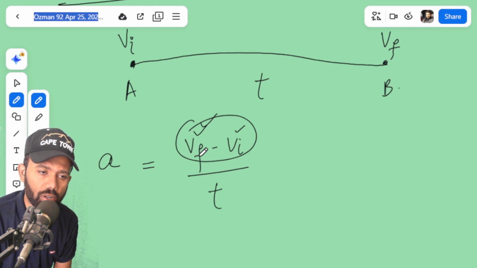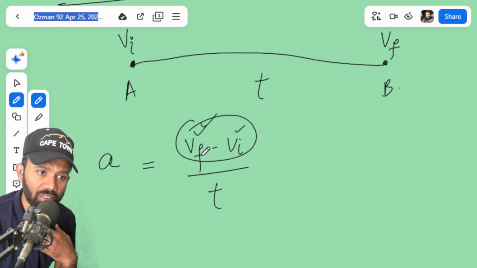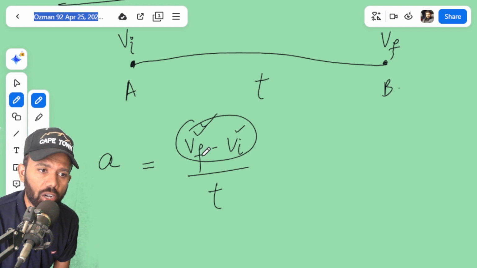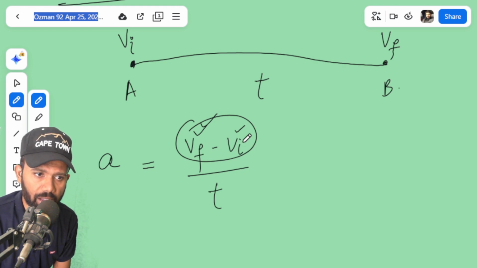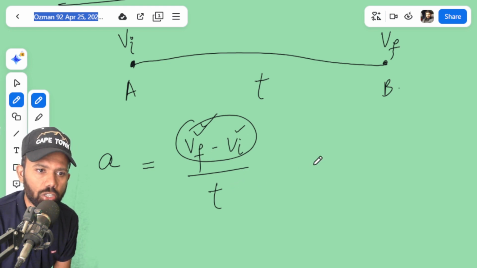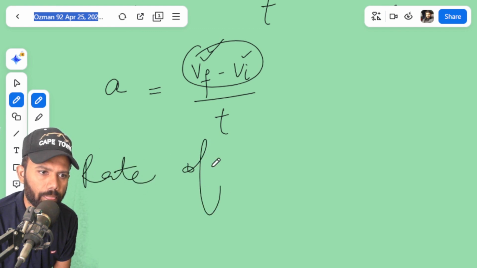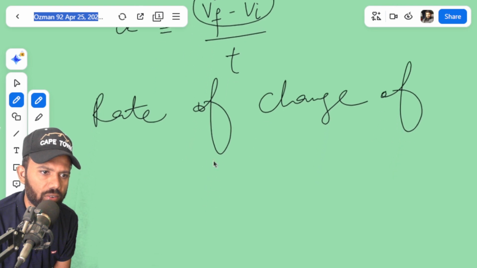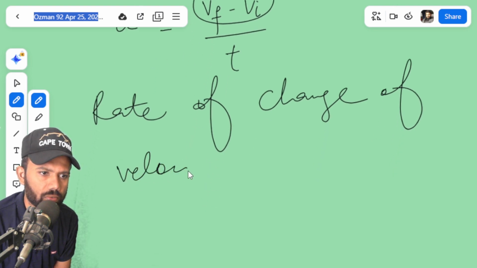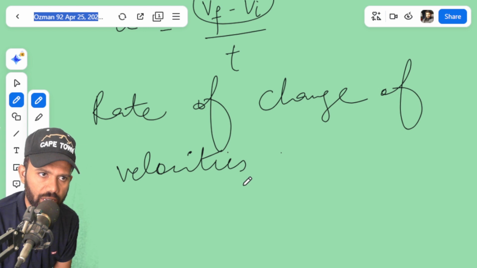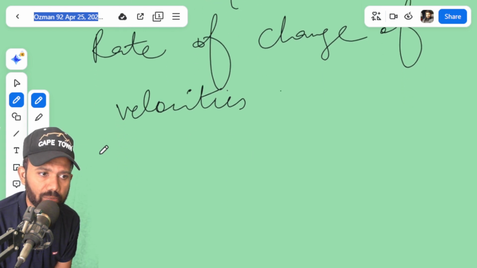Because we're finding the difference of velocities, that is Vf minus Vi over t. So it is the rate of change of velocities, right?